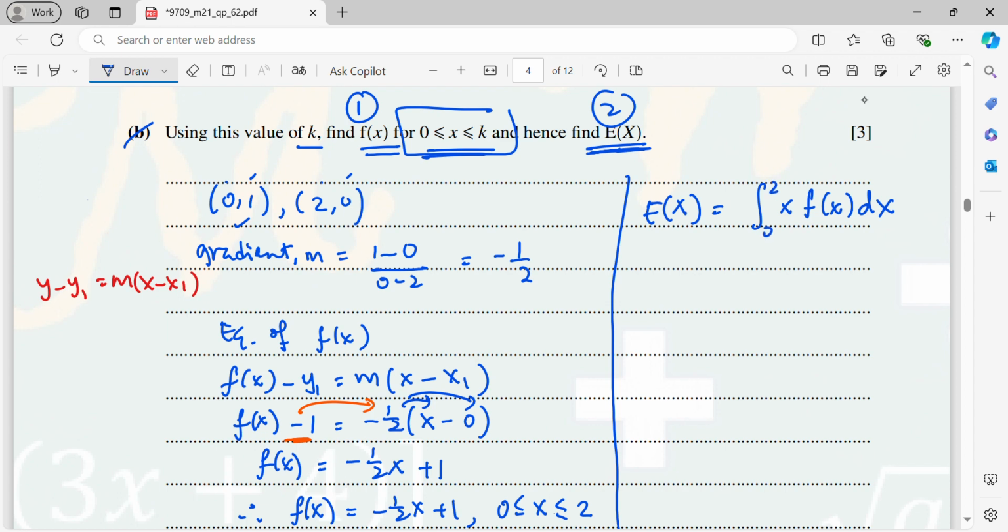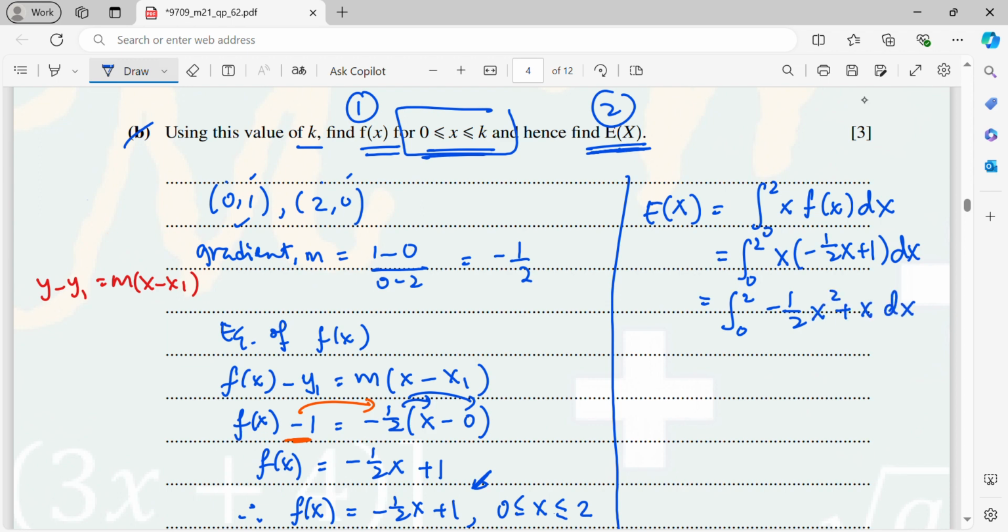Your f(x) is this straight line, negative half x plus 1. So just replace: integral from 0 to 2 of x times (negative half x plus 1) dx, which equals the integral from 0 to 2 of negative half x squared plus x dx.